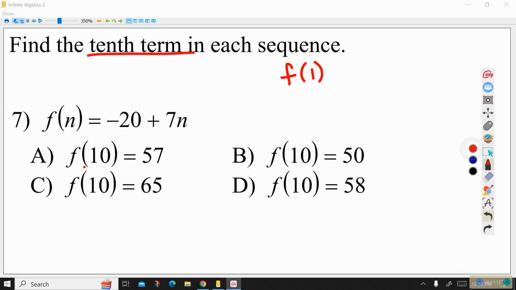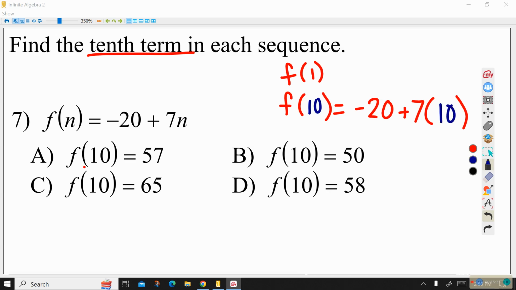So the next thing that we're going to deal with is our notation. We want to find f of 10. And what that means is that wherever I see n, I'm not going to have n anymore. I'm going to change this color to blue so you can see something. Make this color red. So the number that's going to change is 10.